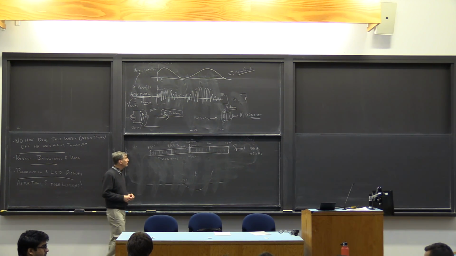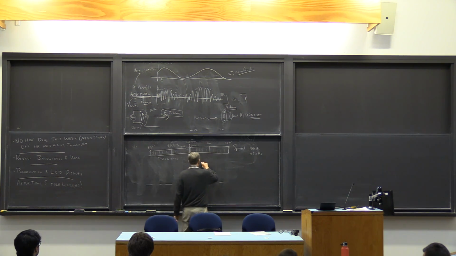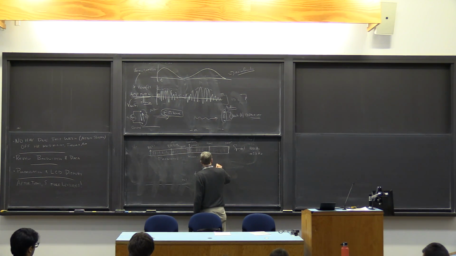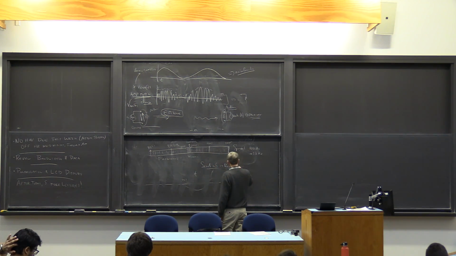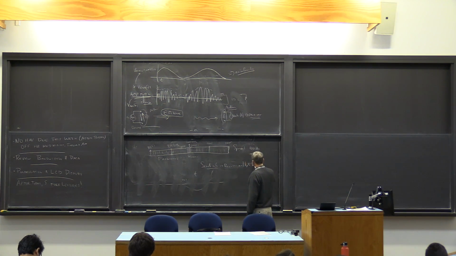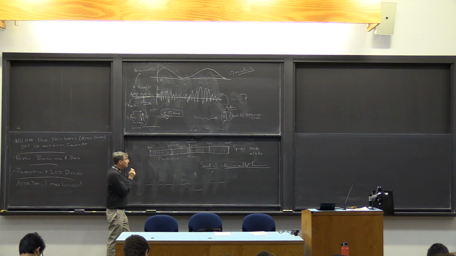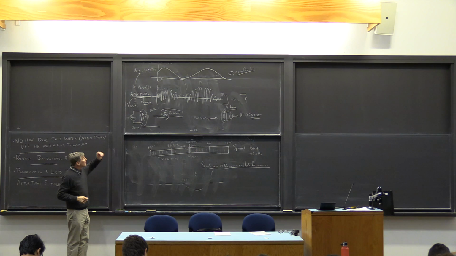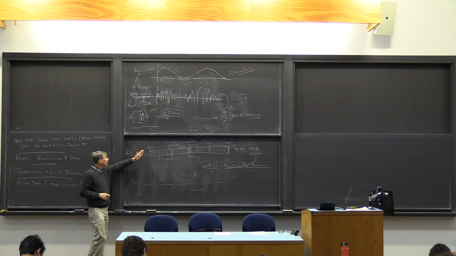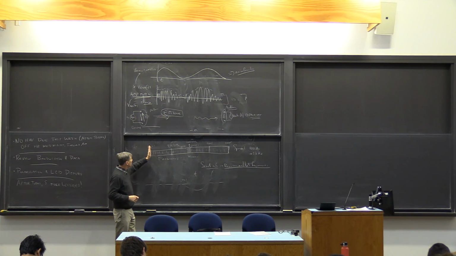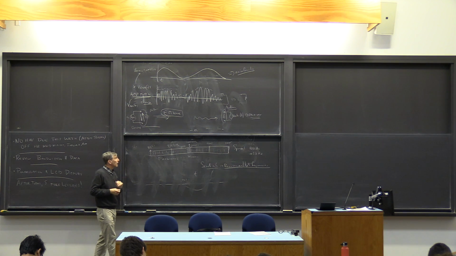So to send information, that requires multiple frequencies. So the electromagnetic wave in this case is a superposition of waves from 995 to 1005.